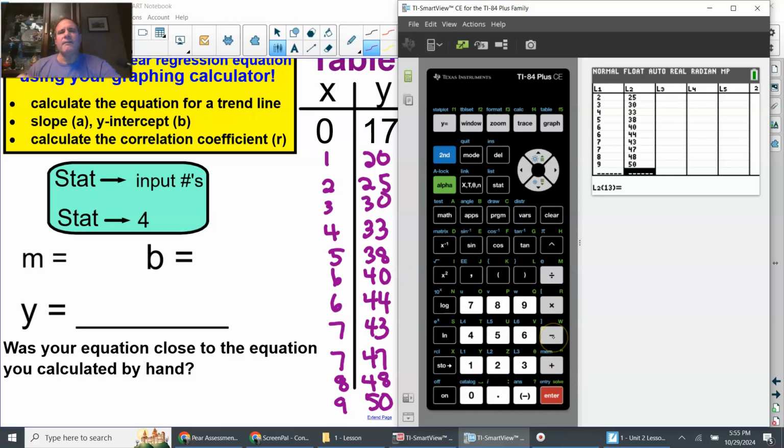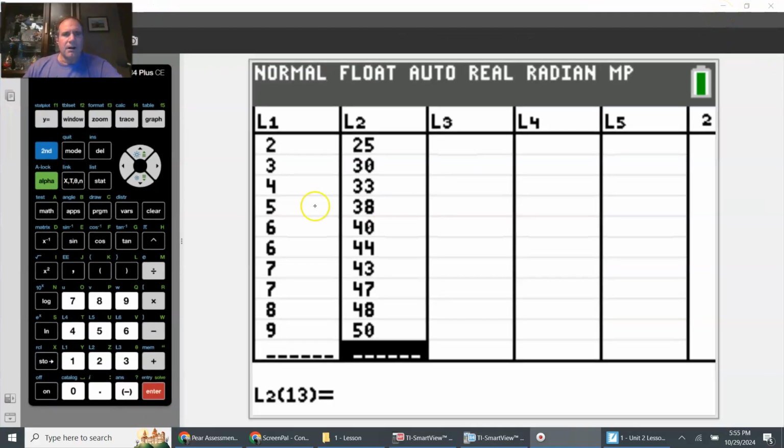If you get to the end of the list and there's one less number in one list, and you try to go to stat and calculate, it's going to give you an error. So remember, if there's one more or one less in L1 and L2, that means you skipped a number. Just go back and look at your numbers again.